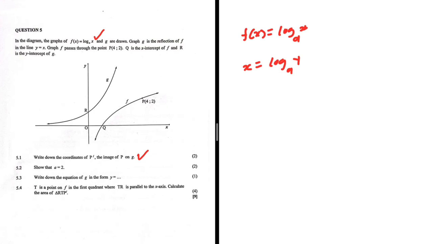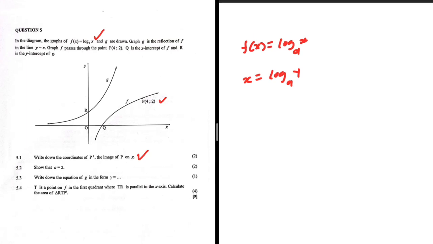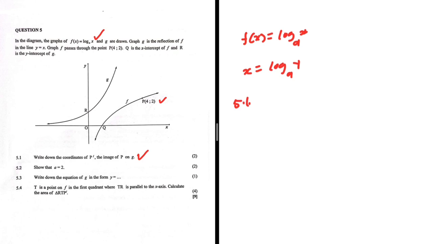Graph f passes through the point P of coordinates 2 and 4. We can clearly see that. And then Q is the x-intercept of f and R is the y-intercept of g. All right, let's go ahead and do 5.1. Write down the coordinates of P prime, the image of P on g. What an inverse does is that for P we have x, y.